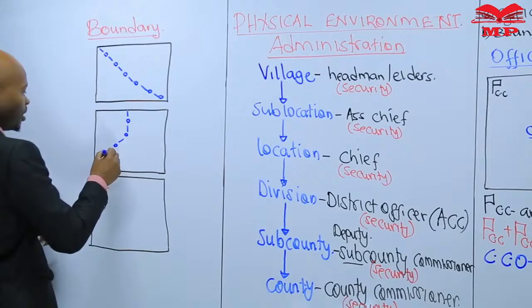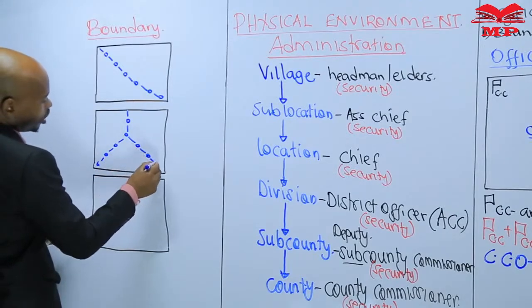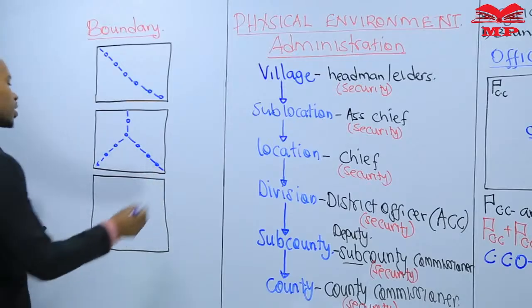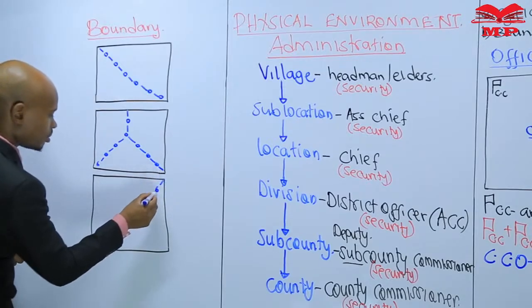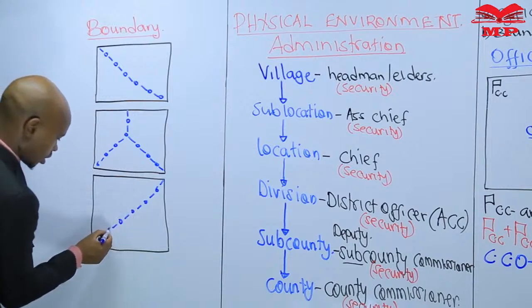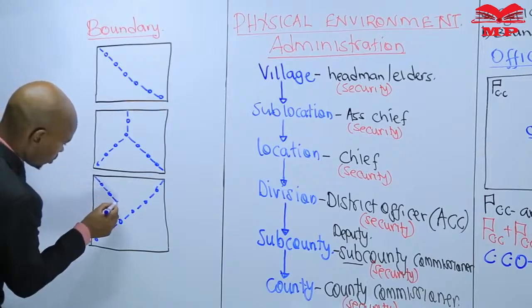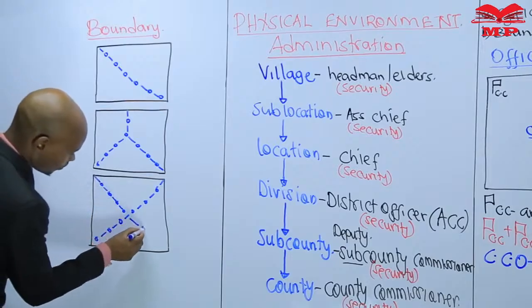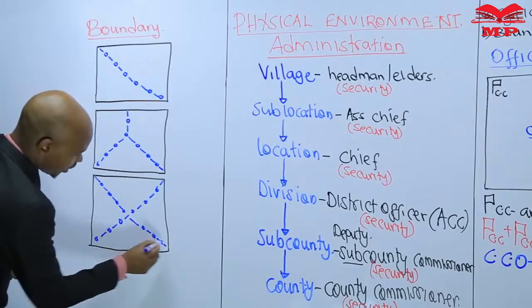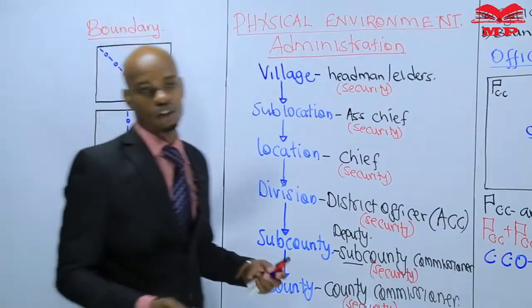A boundary can be dividing that area into several subsections. These are examples of boundaries in an area, and it can be dividing an area into very many sections.